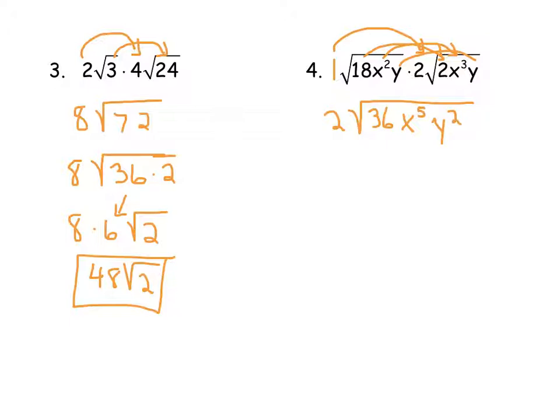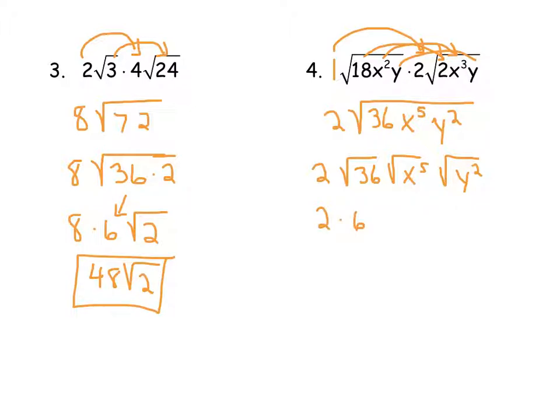And now I need to simplify everything and take square roots. Okay, so I have a 2. Now I'm going to take the square root of 36, then the square root of x^5, and then the square root of y squared. So I can break all the factors down and take the square root of them. So this would be 2 times the square root of 36, which is 6.